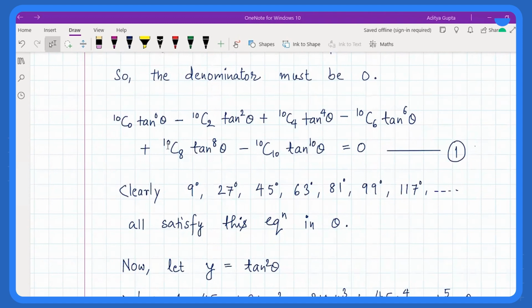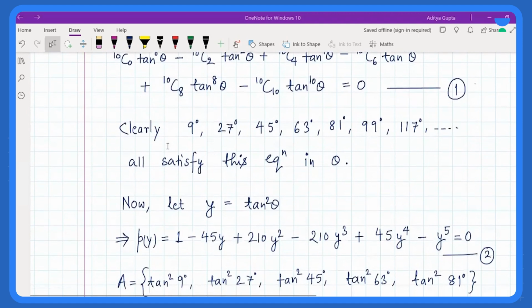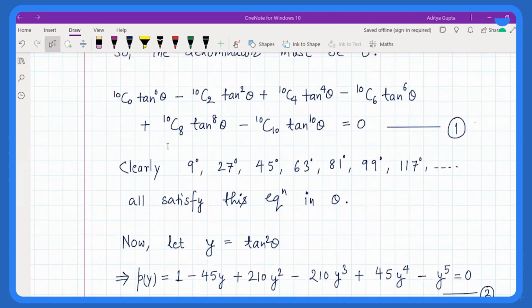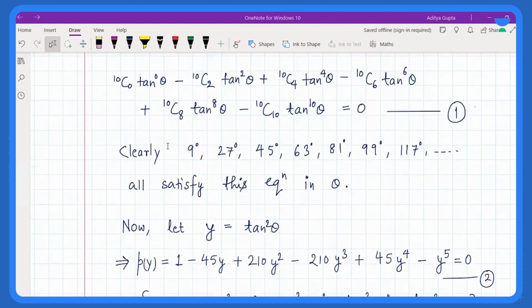Why have we substituted that? So the polynomial equation becomes, look, now we have put the values of 10C0 as 1, 10C2 as 45, 10C4 as 210. Those values also we have put in equation number 1, and we are basically getting P of y equal to 1 minus 45y plus 210y square minus, etc.